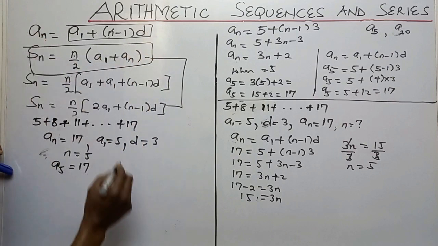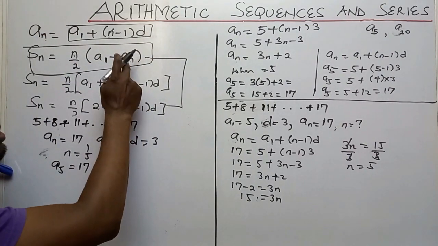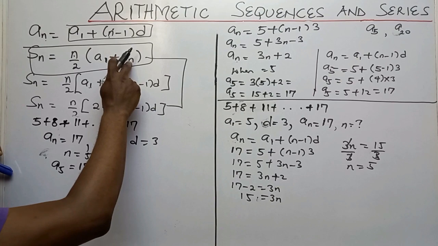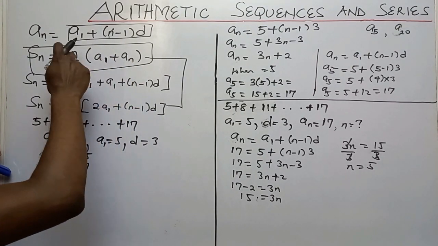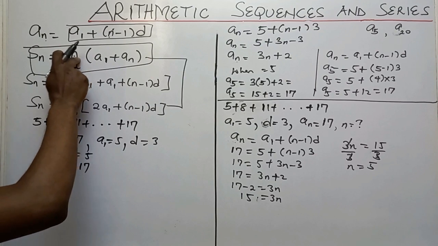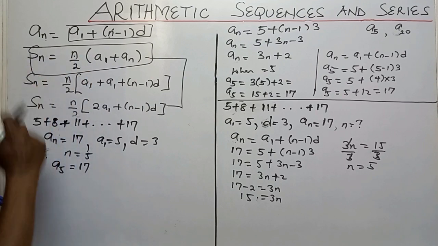The reason is because I know what the fifth term is, which is a sub 5 is 17, and I know what n is. n is 5.